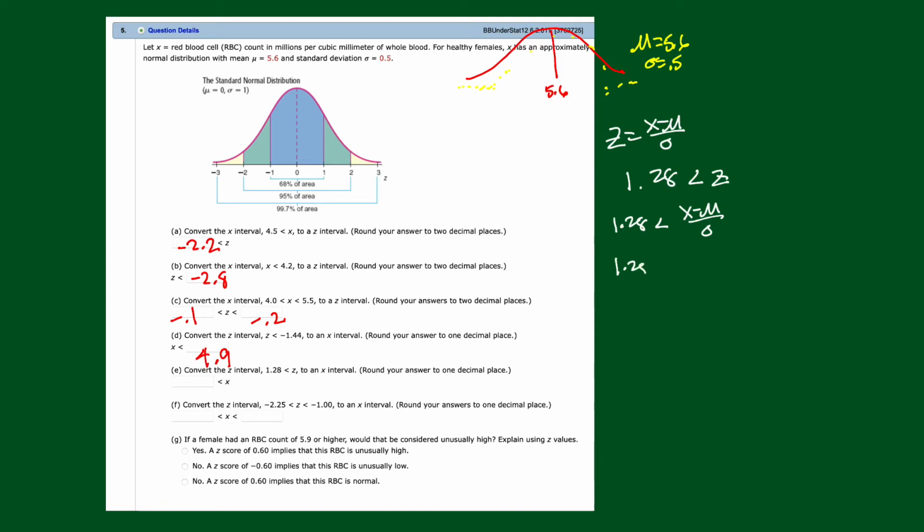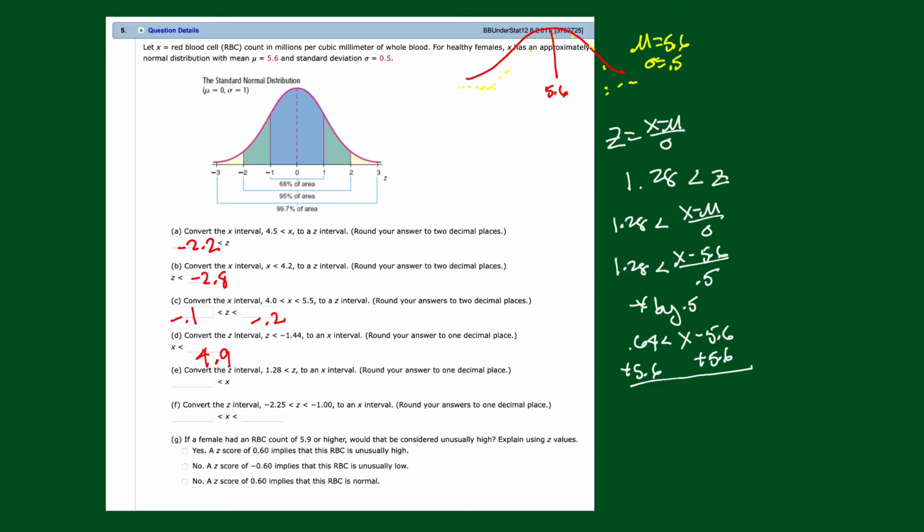So 1.28 is less than x minus mu, which is 5.6, over sigma, 0.5, multiplied by 0.5. That's just half of that, so I get 0.64 is less than x minus 5.6. Now we're going to add 5.6 to both sides.